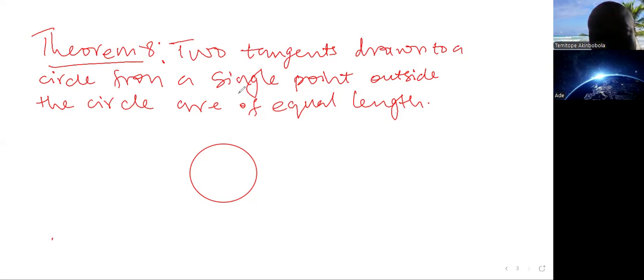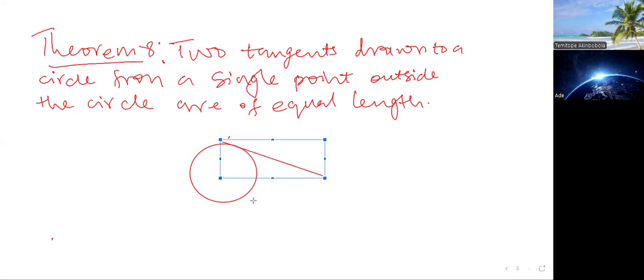So let's quickly look at this circle. According to that, we are going to have a tangent drawn. Let me pick a line. So we are going to have a tangent here.